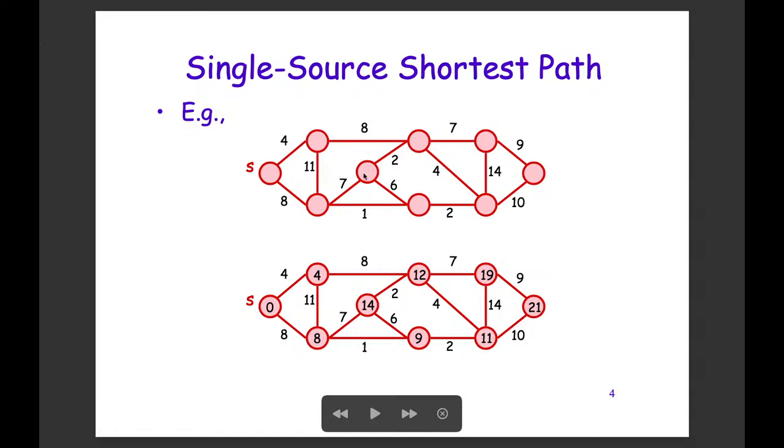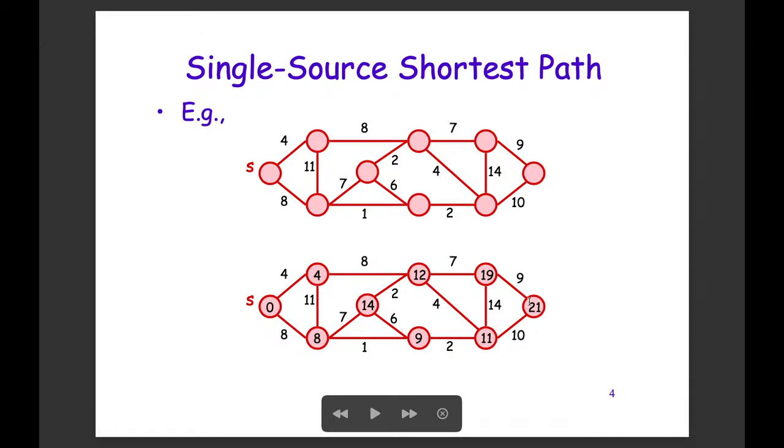And this one says 14. How can I get 14 for this one? 4, 8, 2. So we get 14. And how about this vertex? We can travel from the bottom, 8, 1, 2, 10. So in that case, we get 21.